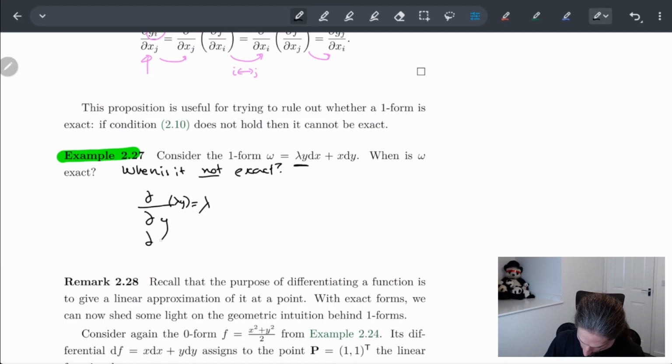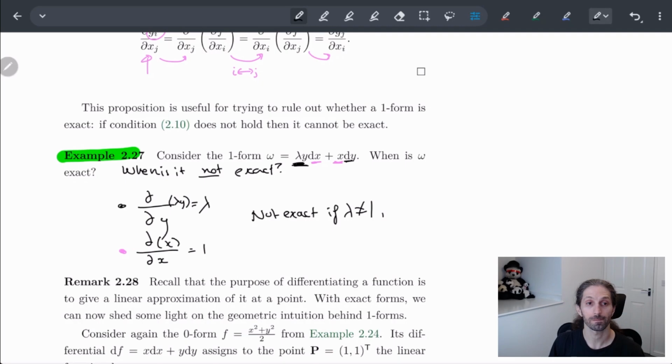We have dx over dx because we have the x here. I should use a different color so we can see which one it is. We want this dx with x and then this lambda y with the dy. If I do the partial of x divided by the partial of x, this is just going to give me 1. So this is not exact if lambda is not equal to 1.